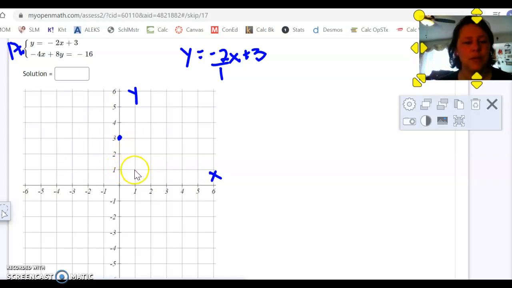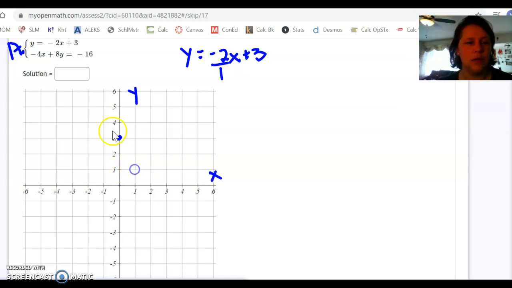So down 2 to the right 1. Oops, right there. Down 2 to the right 1. Okay, we could have also gone up 2 to the left 1. So remember, you can go both directions for that slope. Give yourself a good few points. Make a good line.